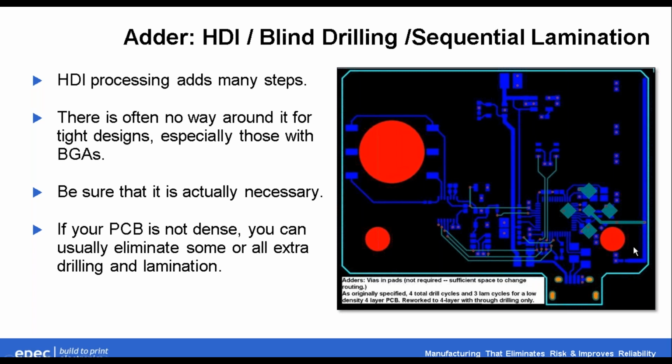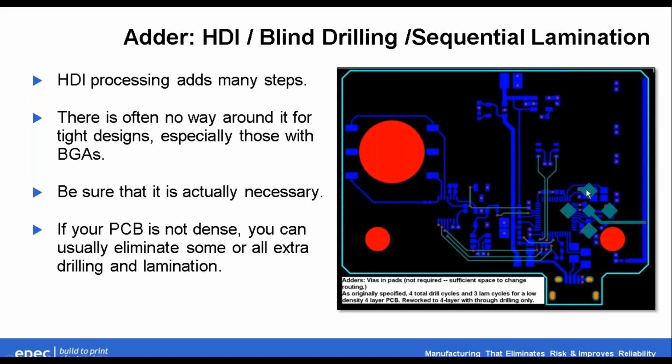This particular board had an antenna running up the right side here. You can just see it, and it comes out of here. I thought at first that they were using blind drilling to prevent stub effect from causing a problem with the signal from the antenna, but it turned out that wasn't the case. They were just using blind drilling. So I came up with a whole bunch of different little locations where we could add vias, off to the side.